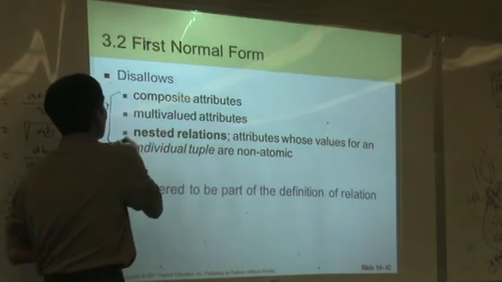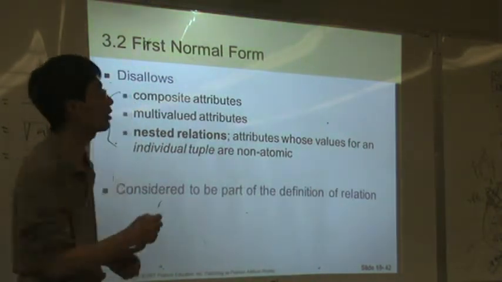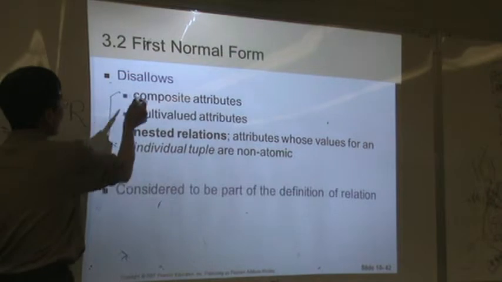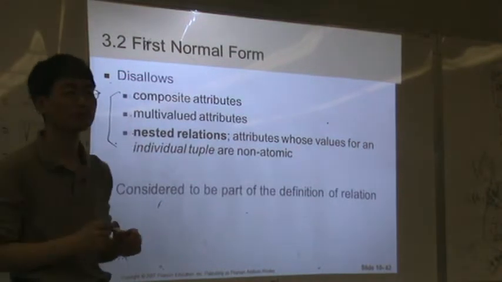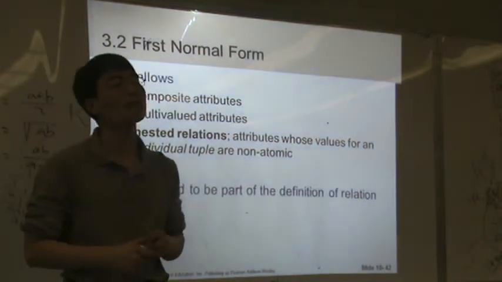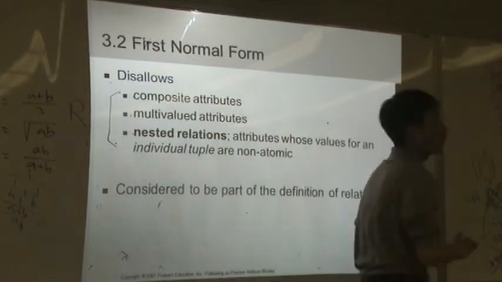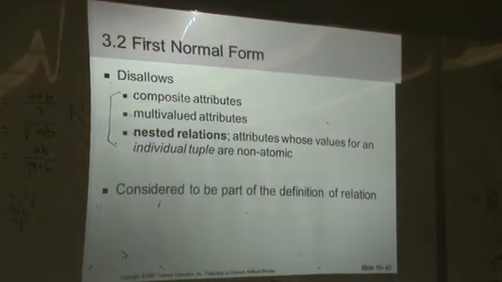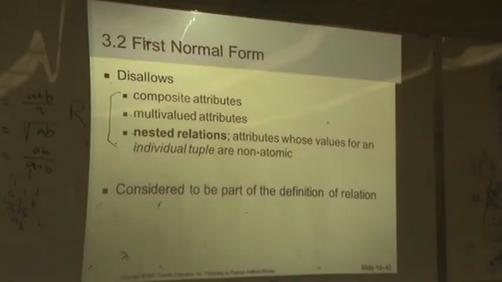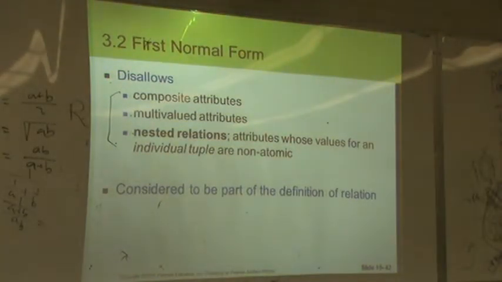Actually, this is the limitation. Due to the limitation of the relational model, that's not allowed. Okay? So first normal form does not allow composite attribute, also multi-value, also no nested relation. Okay? For each attribute, if there is no such thing, that means this is the first normal form.